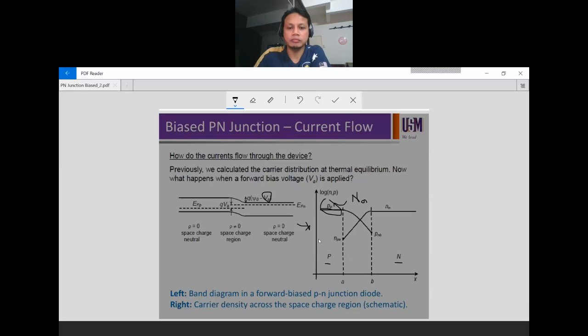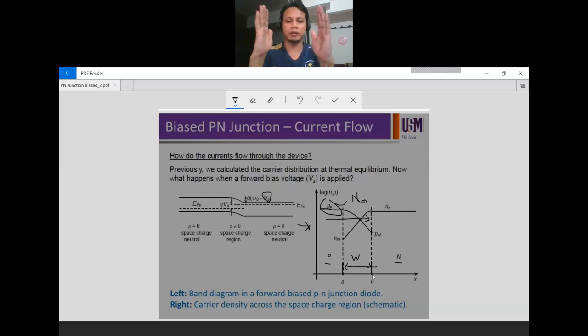All right. So the moment you reduce the barrier height by applying forward bias, the holes are going to diffuse from left to right. This A and B is the edge of the depletion region, so W is the depletion region, and A and B are the ends of the depletion region on both sides.